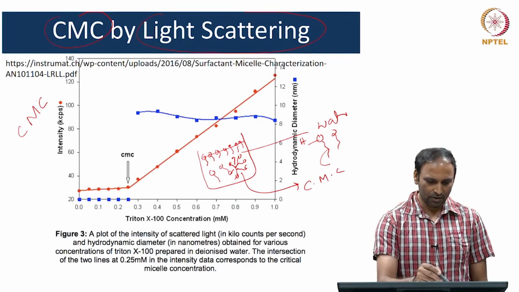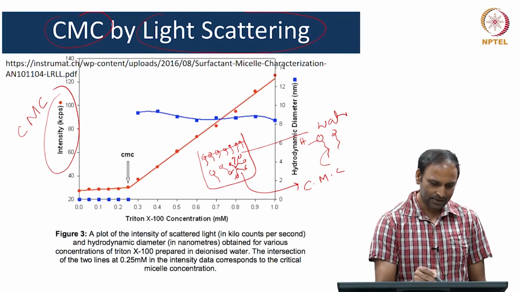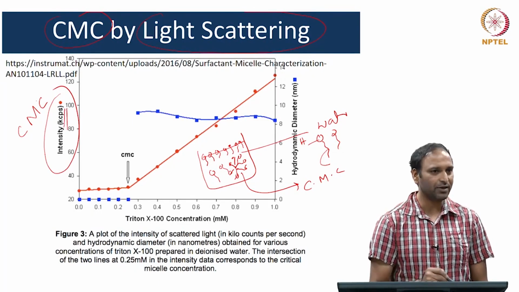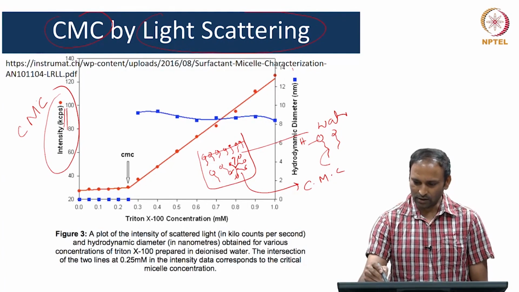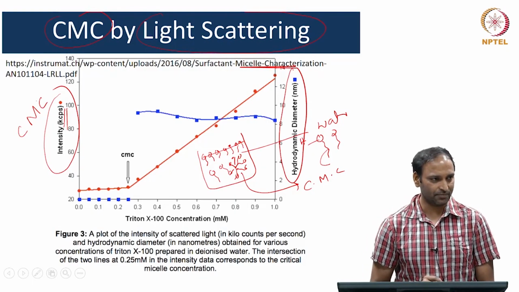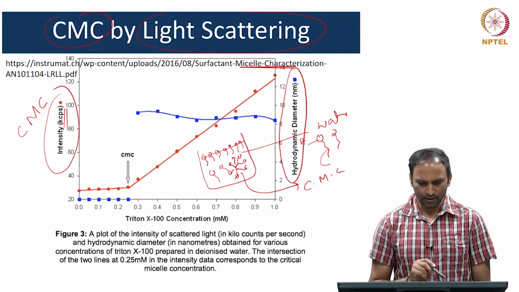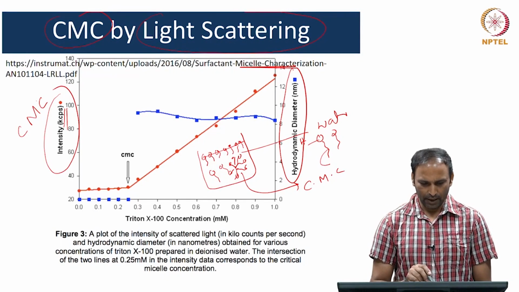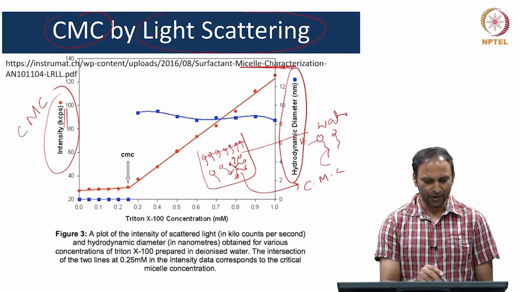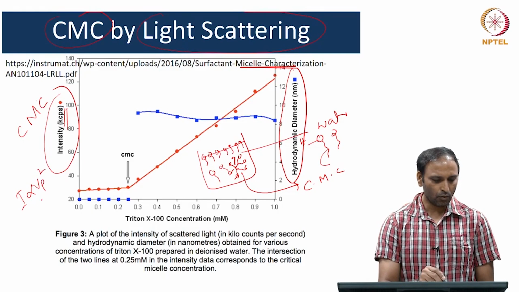What you are measuring here is the intensity I mentioned. The intensity is in kCps, and on the right side you have the hydrodynamic size. I said intensity is proportional to volume square.